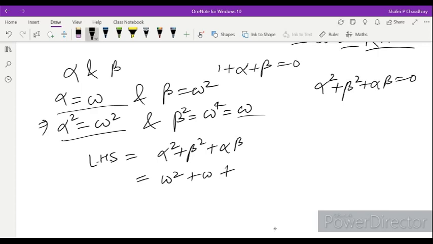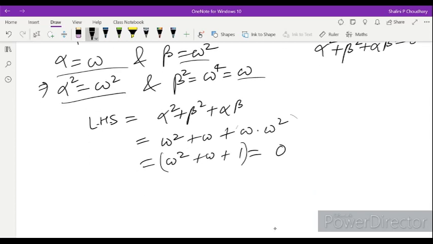So alpha is omega and beta is omega square. So omega square plus omega plus this will be equal to omega cube, that is equal to 1. So it will be equal to 0, because as we know that omega square plus omega plus 1 is equal to 0. Okay. So that is equal to RHS, hence proved.